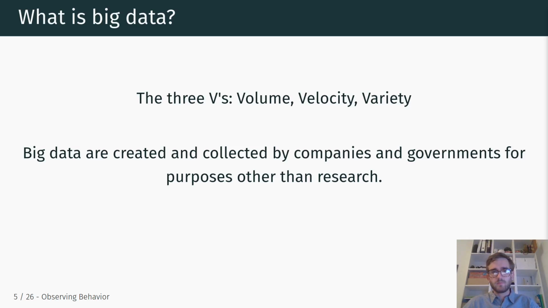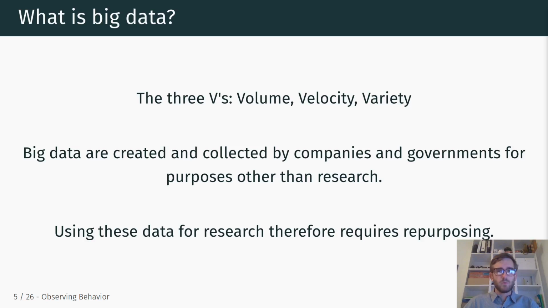Okay. And what we mean by observational data is ultimately any data that results from observing a social system without directly intervening in it in some way, as for example with actual experiments. Okay.